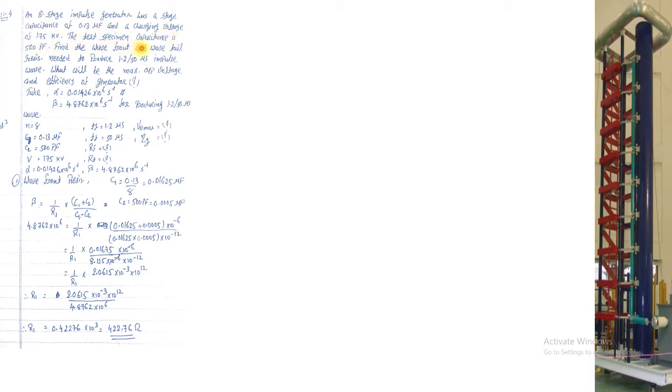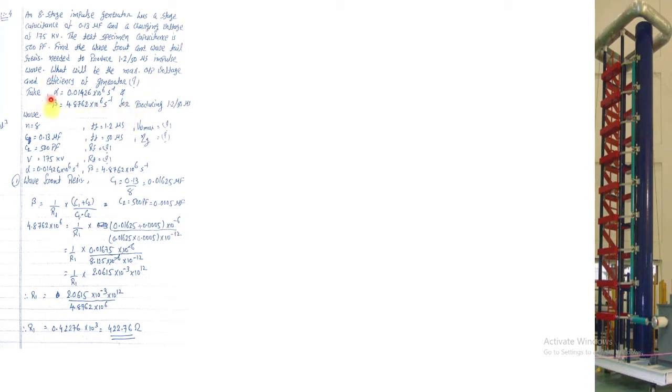The test specimen capacitance is 500 picofarad. Find the wavefront and wavetail resistances needed to produce a 1.2 by 50 microsecond impulse wave. What will be the maximum output voltage and efficiency of the generator?